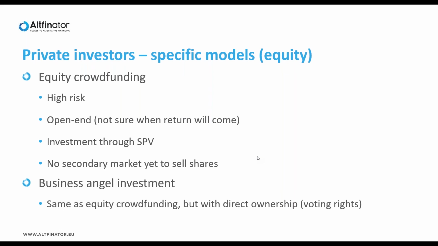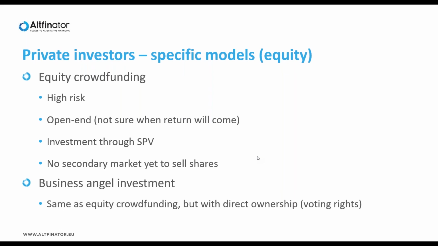So if you, as an investor, want to invest directly in a company and also want to have a say in the activities of the company itself, you want to sit at the table with shareholder meetings, and then it's better for you to choose the business angel investment model. So as a business angel, it works the same as equity crowdfunding, but for higher amounts.